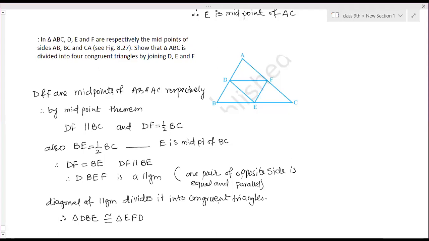Can we write similarly, or should we prove it? You have to prove it. Now that you can directly write similarly DFEC is a parallelogram. You have to prove this part, this part you can write, and this part also. These three statements you have to write. Okay, ma'am.